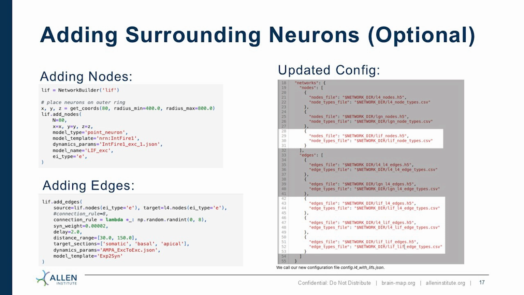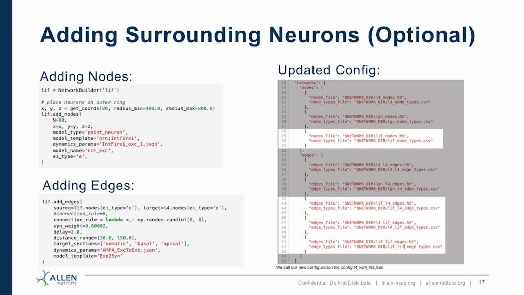I won't go through the adding of nodes and edges again. We've been through that a few times. Once you have created the Sonata files for this additional network component involving these integrate and fire cells, you can either rebuild the full config file, or you can just add the necessary new components.